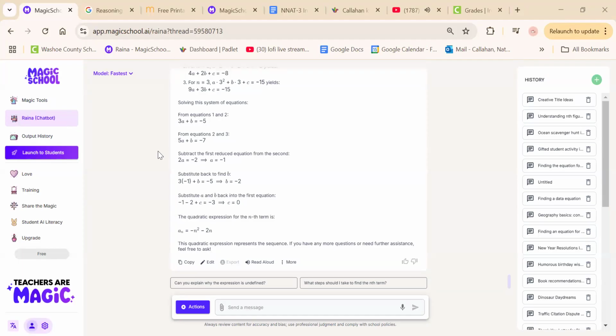Like if you did it 10 times, or the 10th figure. So this right here is going to be negative 100 minus 20, which is negative 120.